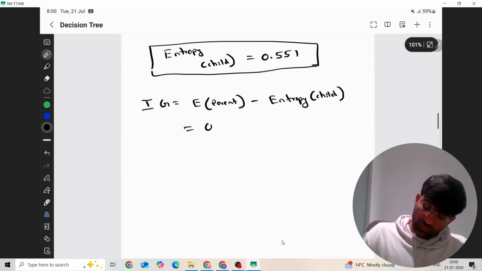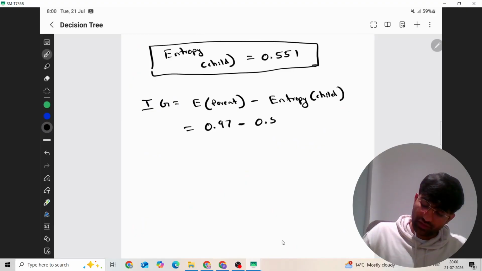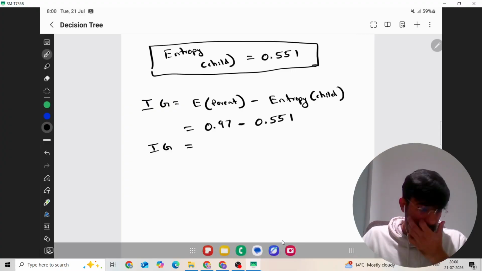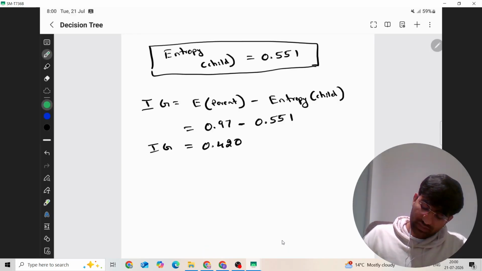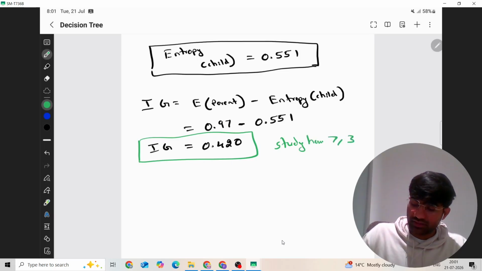So 0.97 minus the entropy of the child, 0.551. So the information gain is equal to, if I make this calculation, 0.420. This is the information gain when we split the data with study hours greater than or equal to 3.